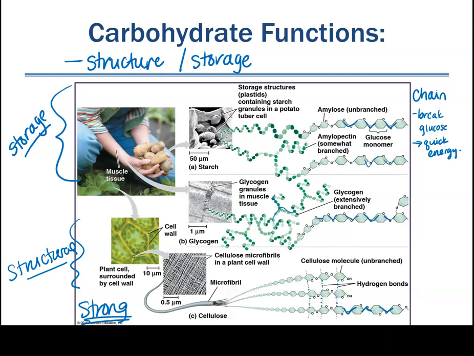That's how we get one of our special properties of water. Those water molecules are attracted to one another because of hydrogen bonds. That makes them collectively strong, so we get things like surface tension. The same idea is happening in these cellulose molecules. We've got hydrogen bonds occurring between the strands of our cellulose, which helps to make those fibers even stronger, which is why we can use them for structures.